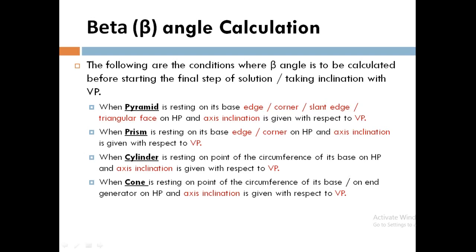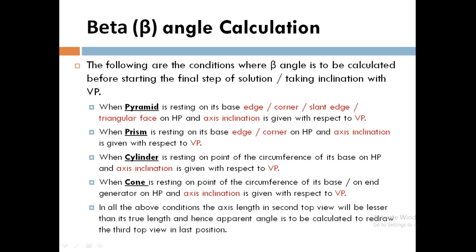In all the four conditions, if you look at the axis length in the second top view, it will be lesser than its true length, and hence the beta angle, that is the apparent angle, is to be calculated to redraw the third top view in the last position.